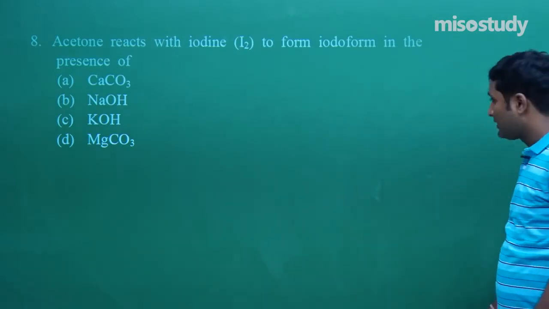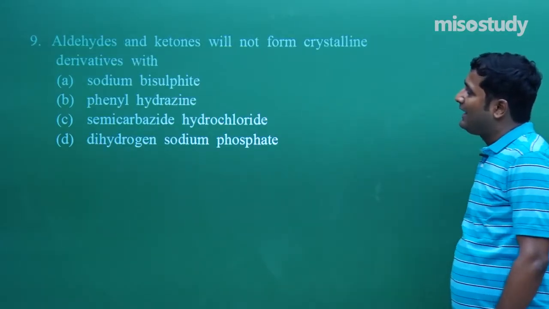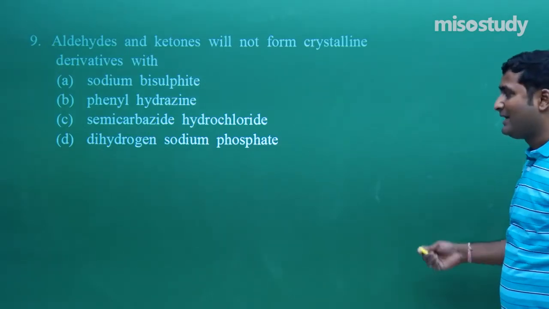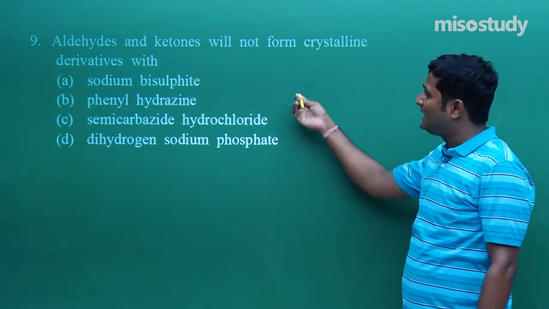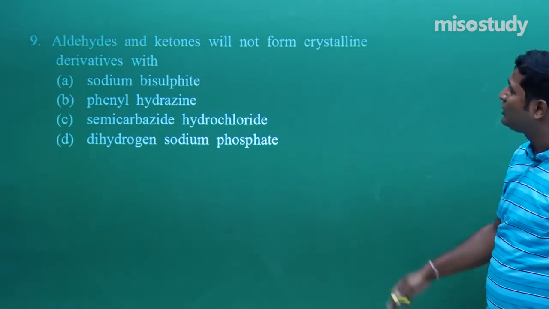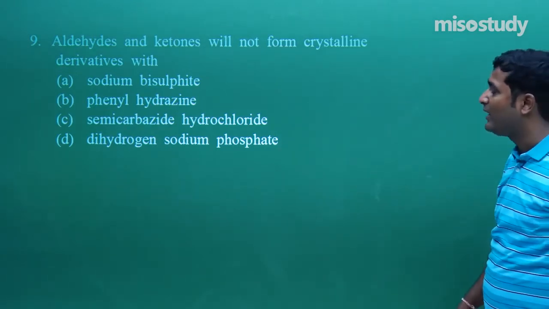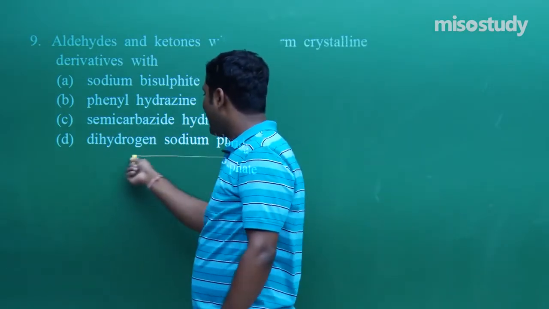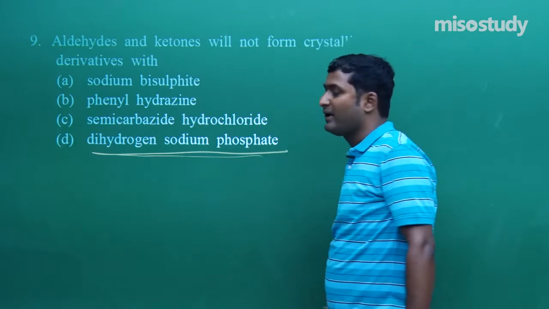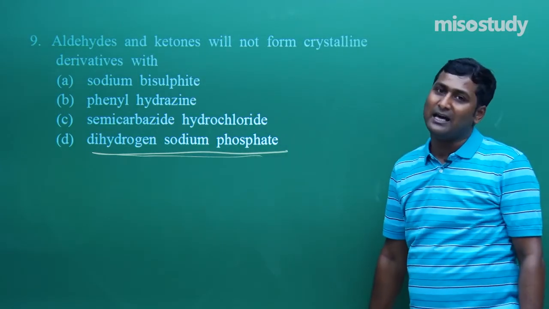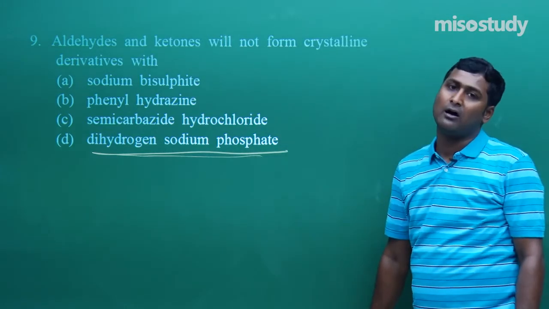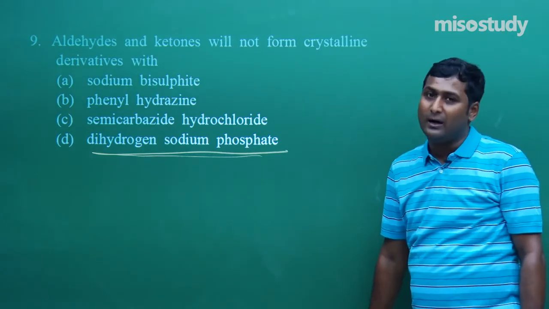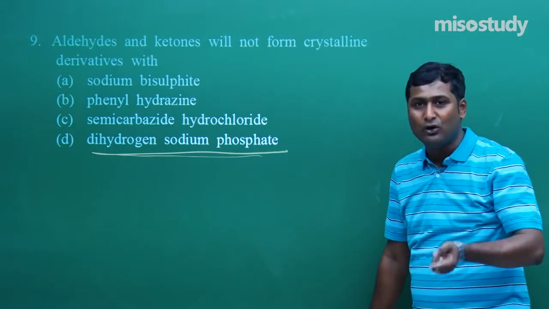Now the next question is question number 9. Aldehyde and ketone will not form crystalline derivatives. It's very simple. Aldehyde and ketone will not form crystalline derivatives with dihydrogen sodium phosphate, because in this case there is no lone pair of electrons present on phosphorus, so it will not act as a nucleophile.